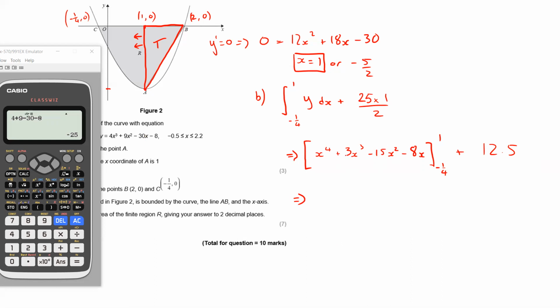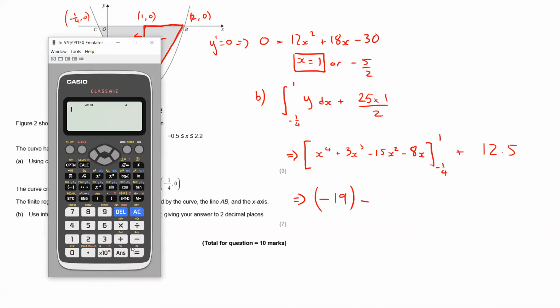So if I put 1 into here, I get 1 plus 3, which is 4. 4 minus 15, which is minus 11, and then minus another 8, which is minus 19. From that, I need to take away when I put minus a quarter into here, which I'm going to do on my calculator. So minus 0.25 is going to go in. And then I'm just going to put in this actual thing.